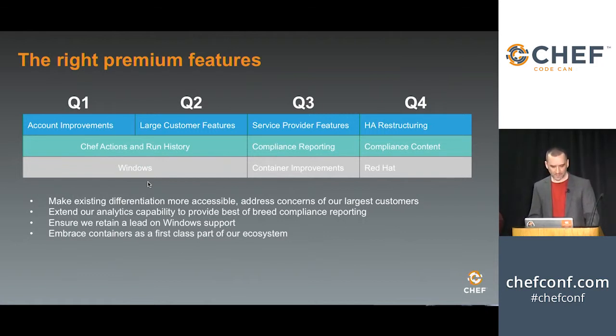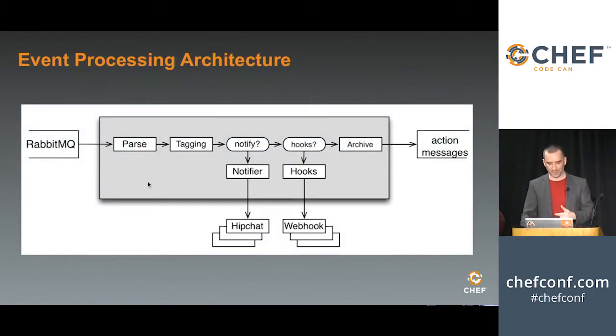A lot of the stuff we do is influenced by the old IBM model of who did what, where, when, to what, from where. And one of the things we see is that it fits really naturally into our pipeline. If we go back to the event processing architecture, auditing and compliance reporting is basically another step in this pipeline after the hooks, where you can define rules like Group A is only allowed to do operations on this or within this.